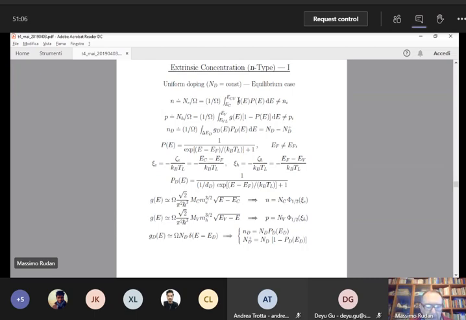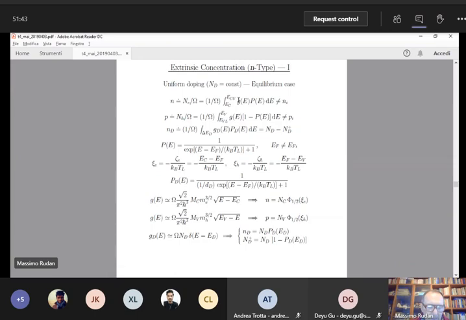What is this coefficient? Well, it is the concentration of the donor atoms, Nd, times the volume of the crystal. So this product, omega Nd, is obviously the total number of donor atoms of the crystal. Why is it so? Because if you integrate Gd over energy, since Gd is the density of states in energy, you must find the total number of states of the crystal, and each atom provides one state.